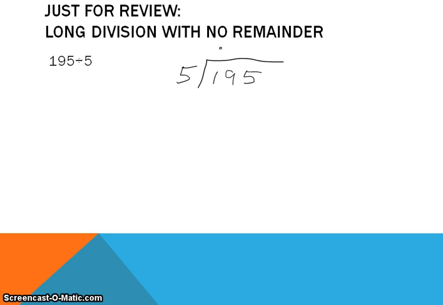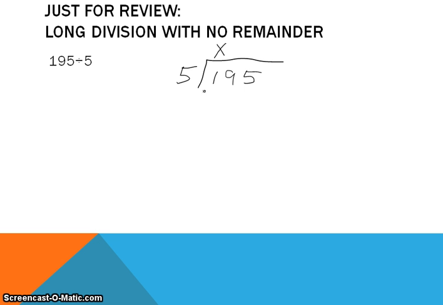Alright, and we're going to get the answer to the problem up here, and if you remember, that's called the quotient. So first thing I need to do is check if 5 will go into my first number here, which is 1. Does 5 go into 1? No, it does not. So we can put an X here as a placeholder so we don't mess it up later.